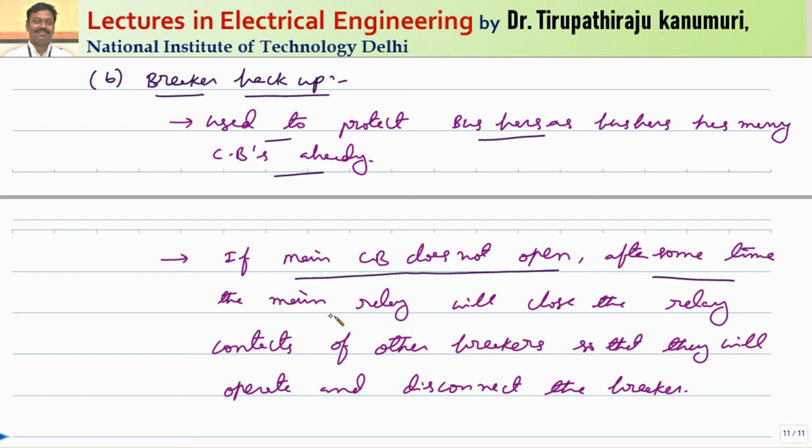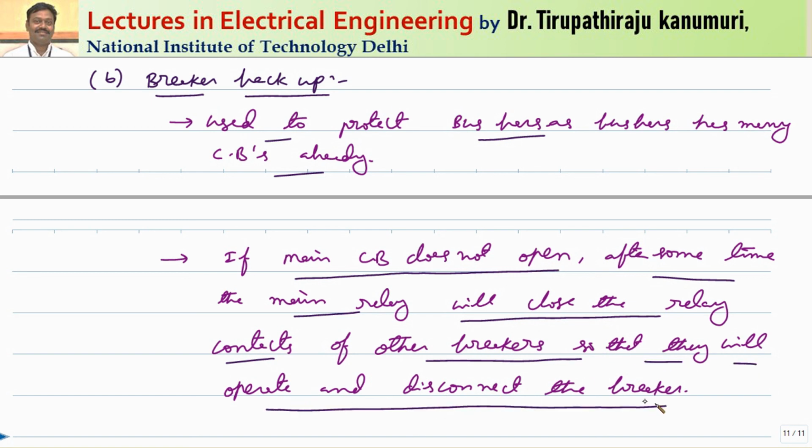After some time, the main relay, whichever relay is responsible for operation of the main circuit breaker, will wait for some time. If the main circuit breaker has not opened, that means the fault is still continuing, then it will close the relay contacts of other circuit breakers, so that they will operate and disconnect your complete bus bar. So this is called breaker backup.